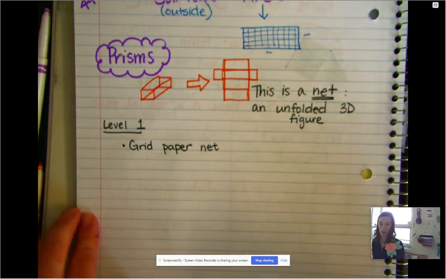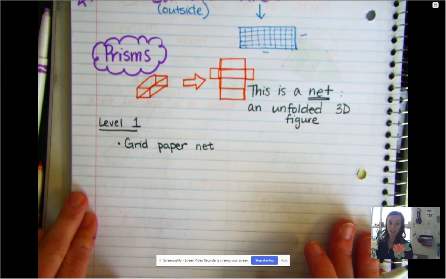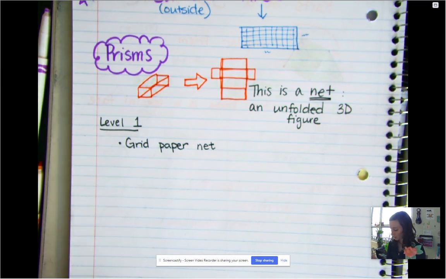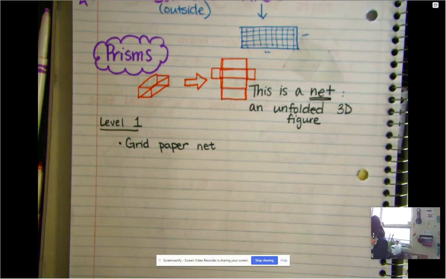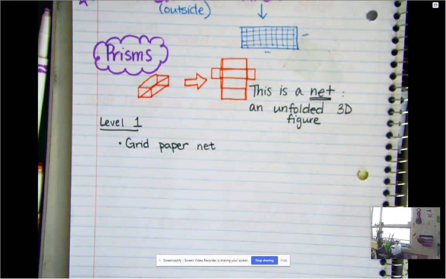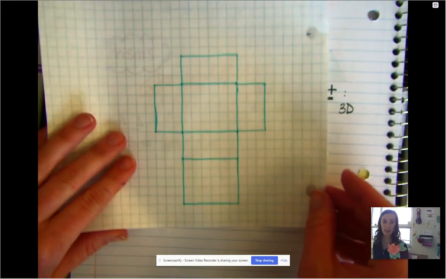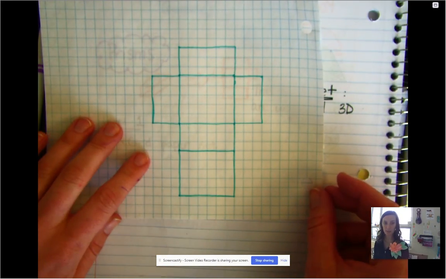Just rectangular prisms today. So I drew out one of these. This is the net of a rectangular prism.